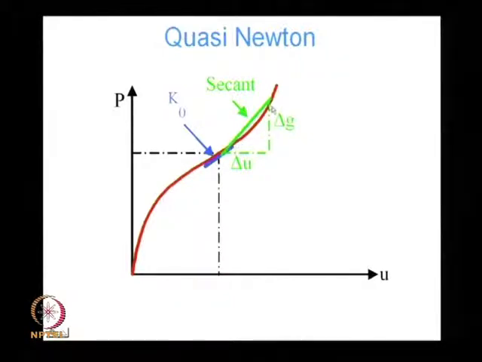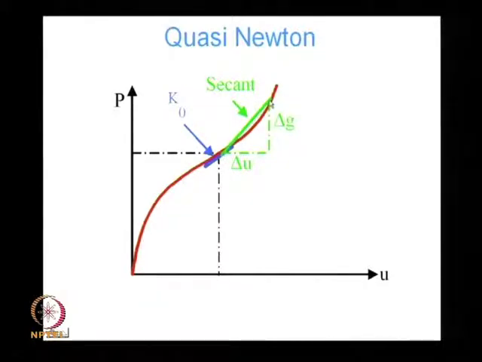That results in a change in displacement delta u and a change in the internal force delta g, right. Then I construct a secant stiffness. What is a secant stiffness? It is delta g by delta u, right. That gives me an approximation to the stiffness, and I use this secant stiffness to update my tangent.